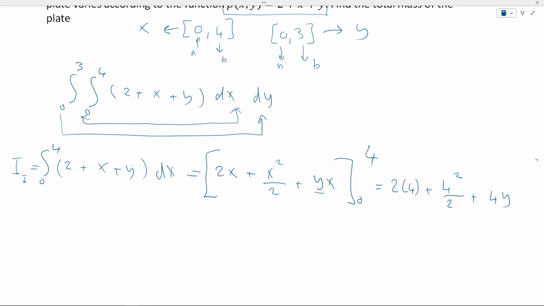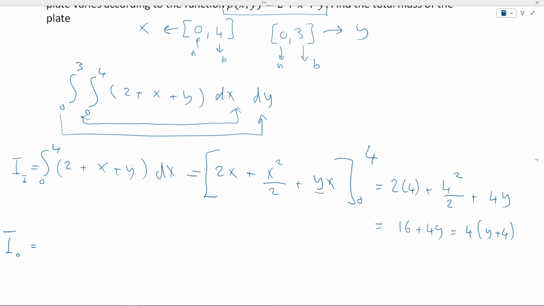This will be 16 divided by 2, that is 8, plus 8, I get 16 plus 4y. That is equal to 4 times y plus 4. Okay, so I got 4 times y plus 4. That's the inner integral. Then solve the outer integral.